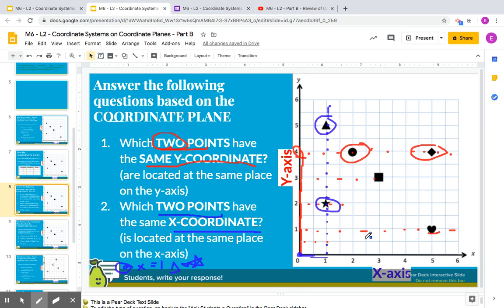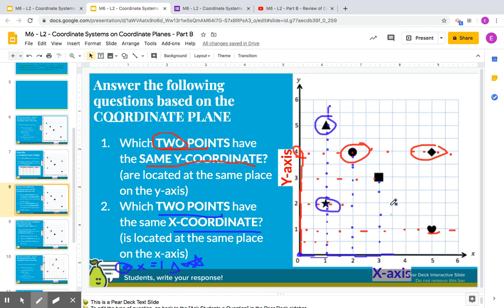However, let's just keep going to double check to see if there's not any other points that have the same x coordinate. Go over to 1 and 1/2, I don't see any points. Go over to 2, it looks like I only have my circle. Go over to 2.5, don't have any points. Go over to 3, it looks like I just have my square.